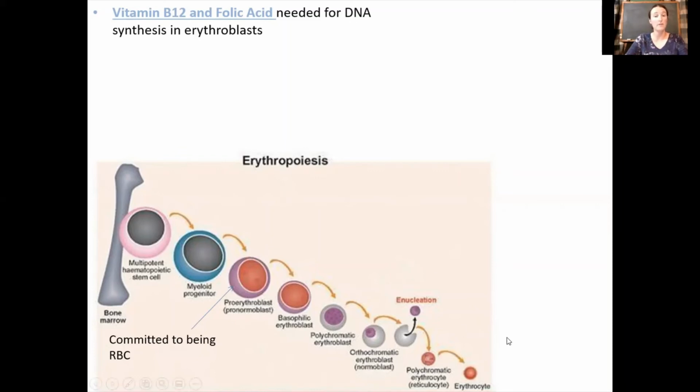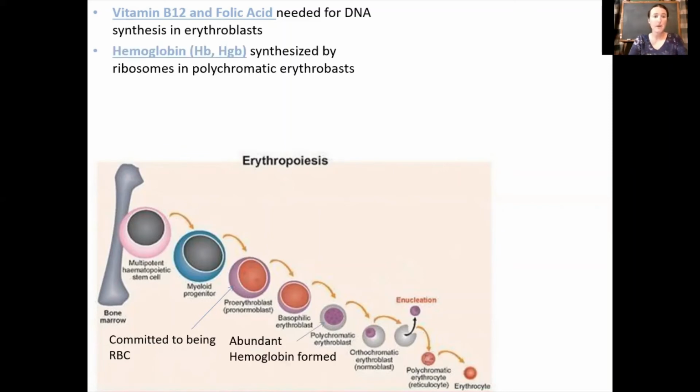Okay, so B12 is required for red blood cell creation. If you don't have enough B12, that is, if you suddenly become a vegan and don't start taking supplemental vitamin B12, over time your reserve of B12 is going to go down and you won't be able to make enough red blood cells.